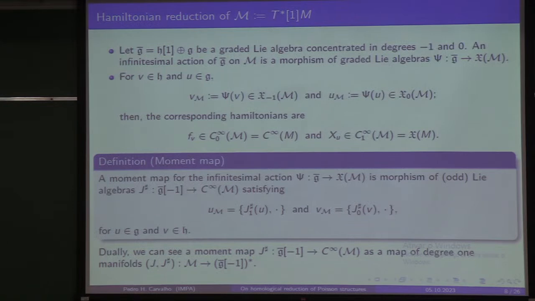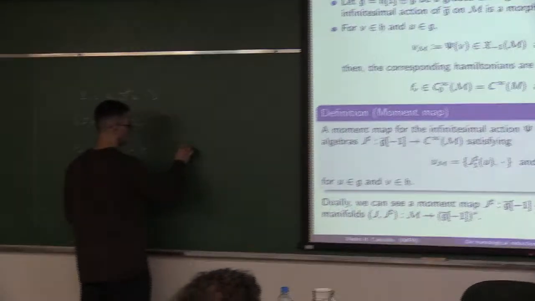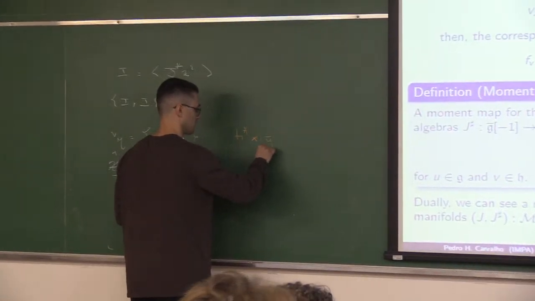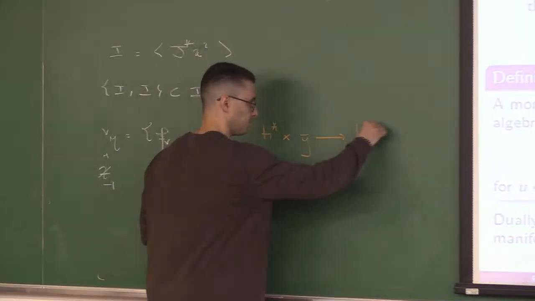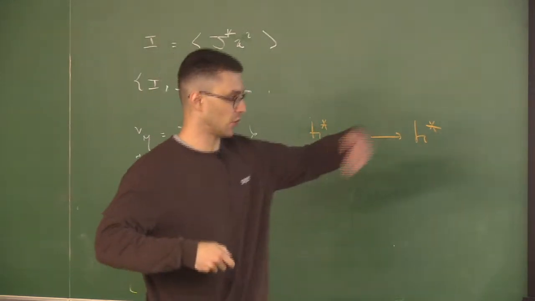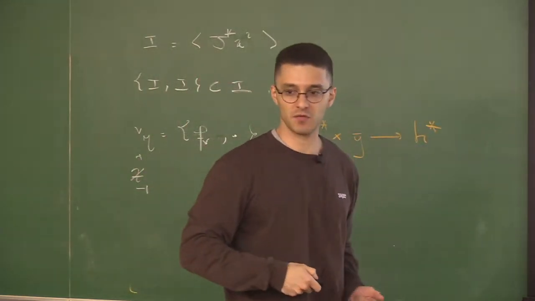So you consider G star, right? So you consider this trivial bundle and you consider the corresponding graded manifold associated with it.